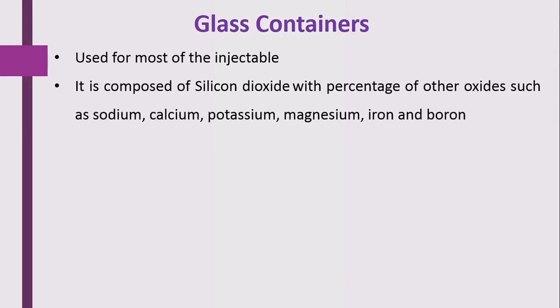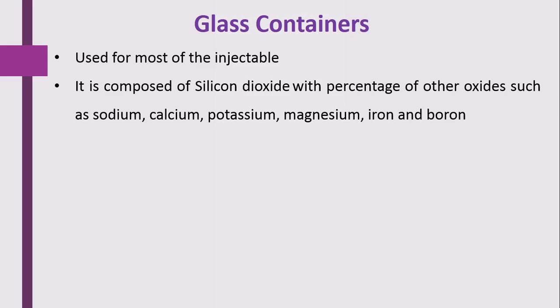Glass material is composed of silicon dioxide with a percentage of other oxides such as sodium, calcium, potassium, magnesium, iron and boron. Mainly the composition of glass consists of sand, silicon oxide, as well as cullets, which are also used at the time of manufacturing of a glass container.